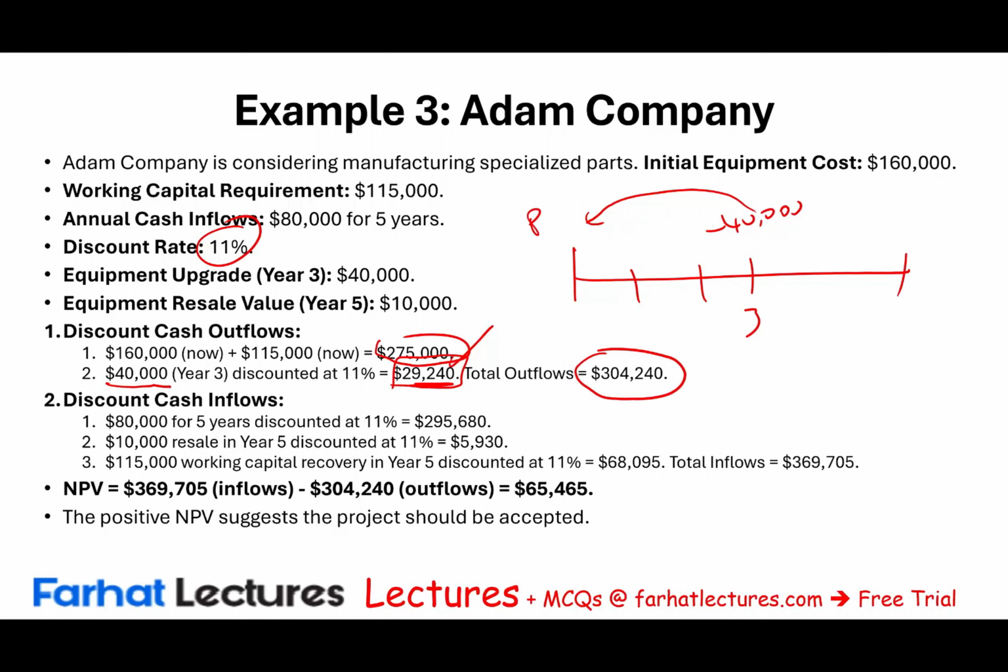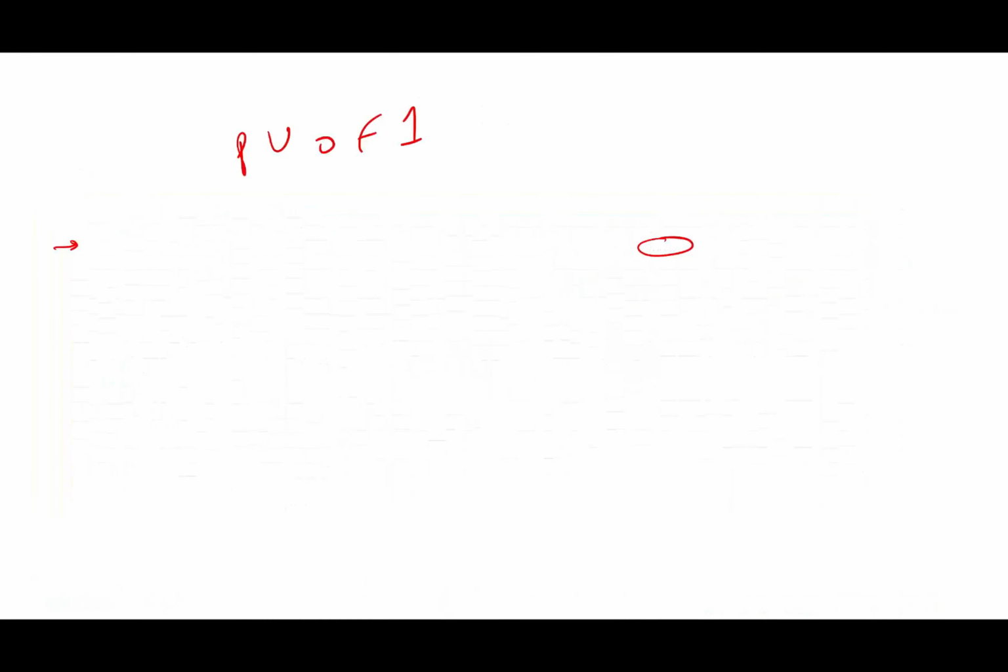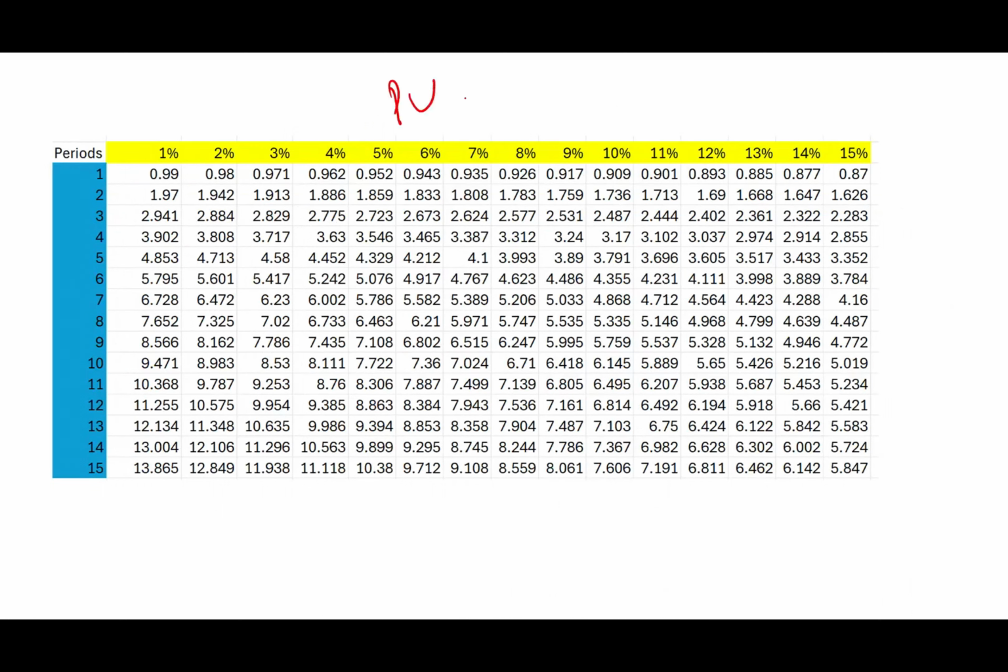Now we have, remember, $80,000 in year 3, year 4, and year 5. Each X equal to 80,000. Since each X equal to 80,000, we have an annuity that we're discounting at 11% for 5 periods. Now we go to the present value of an annuity. We are using 11%, 5 periods, and it's 3.696.